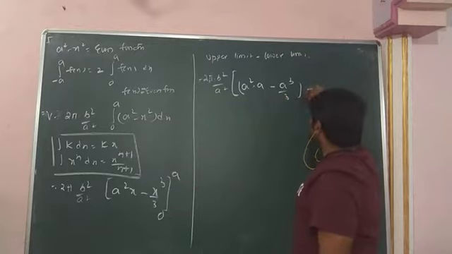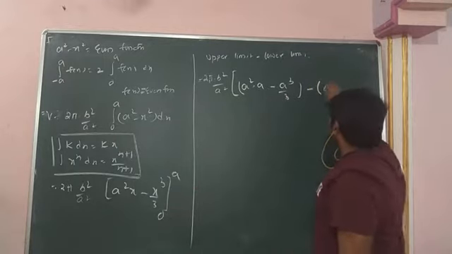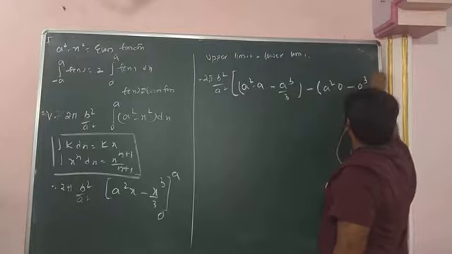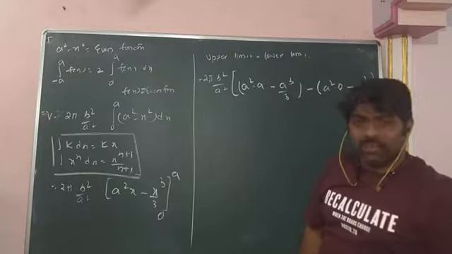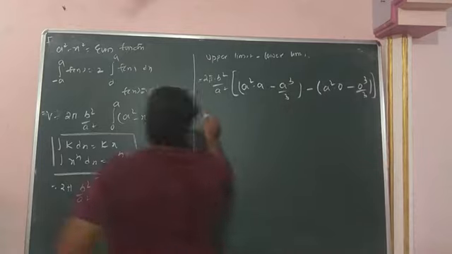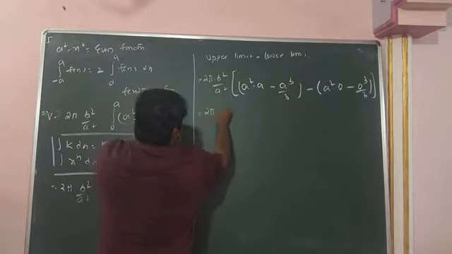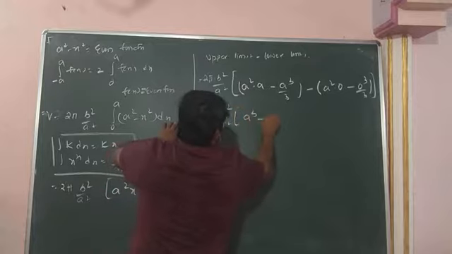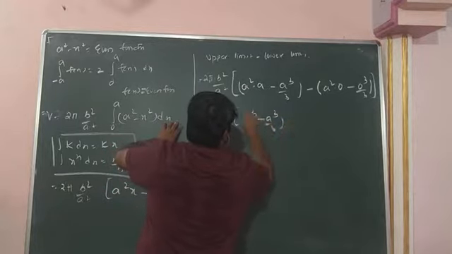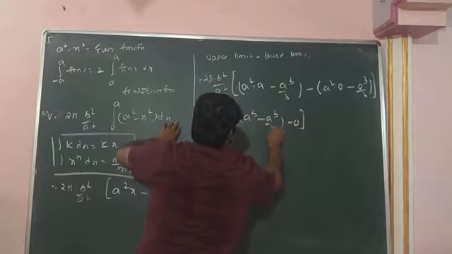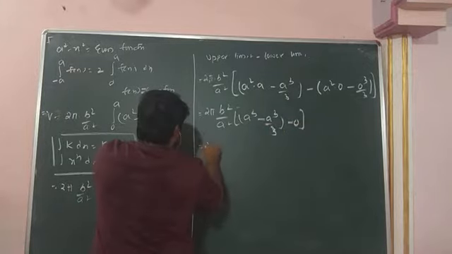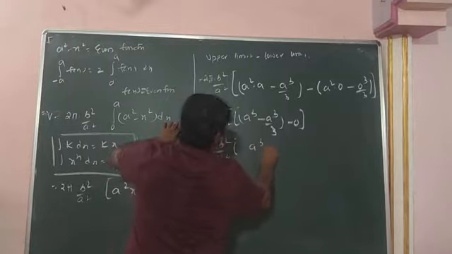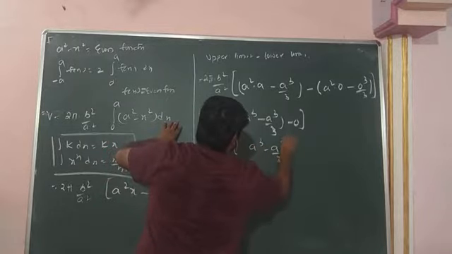So a square into 0 minus 0 cubed by 3. 0 into something is equal to 0. Therefore we get 2 pi into b square by a square into a cubed minus a cubed by 3, minus 0.